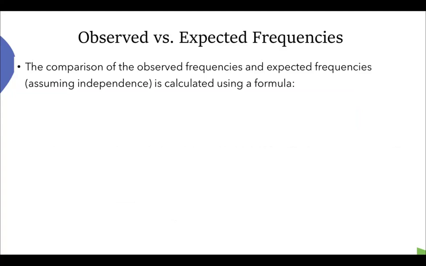The comparison of the observed frequencies and the expected frequencies is calculated using a formula. So you would expect a difference being calculated here. O minus E is an observed frequency minus its expected frequency, and then it gets squared and divided by the expected frequency.